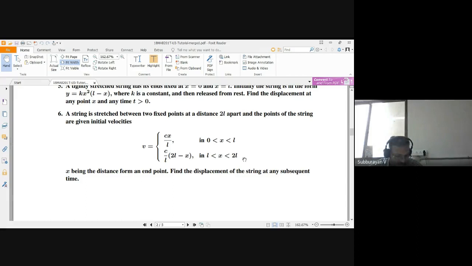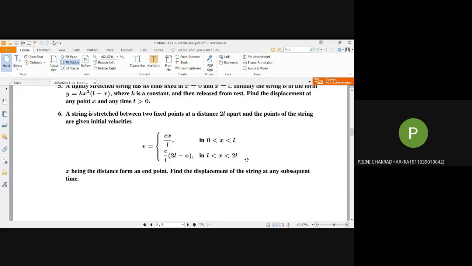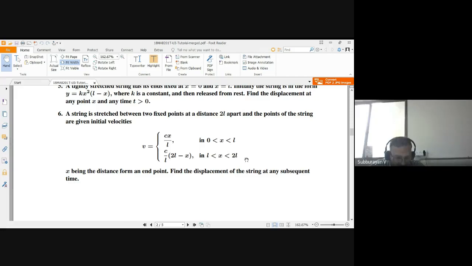See, what is the final solution? The form of the solution. What is your expectation? Summation n equal to 1 to infinity bn dash into sine n pi x by 2L, into sine or cosine?